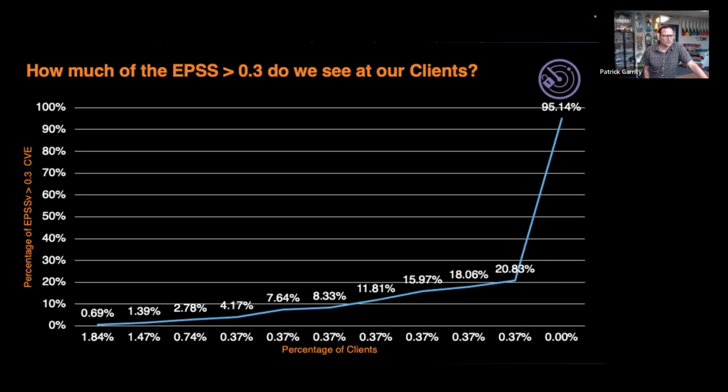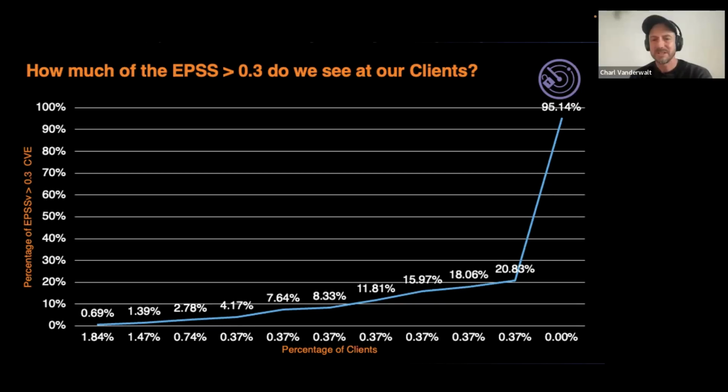And so, Charl, you've done some research as far as high probabilities, and I'd love to hear a little bit about what you've seen across customers and how people might consider using EPSS for vulnerability prioritization.